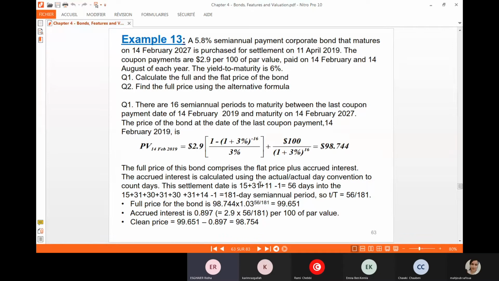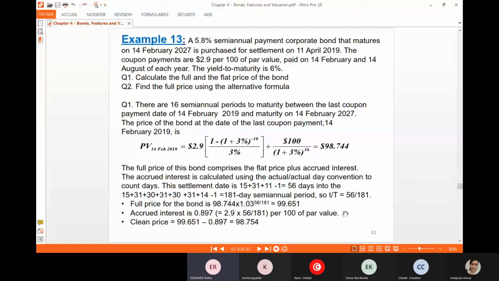March, we have 31 days, and 11 days of April, and then we subtract the last day. You get 56 days. The total number of days from February 14, 2019 to August 14, 2019, you have 181 days exactly. So T is 56, capital T is 181.